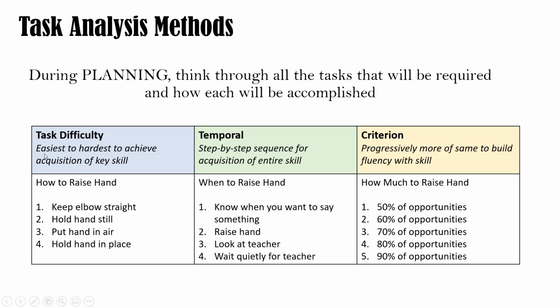This is when you teach the easiest to hardest skill to achieve acquisition. One of the good examples of task difficulty is long division. Long division has four subcomponents: you have to divide, subtract, bring down, which is your place value, and then multiply.